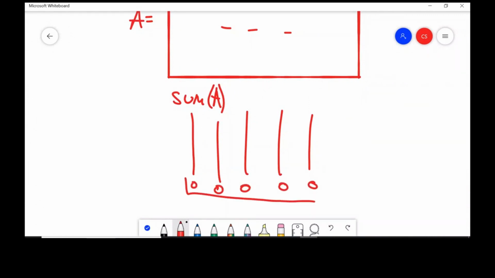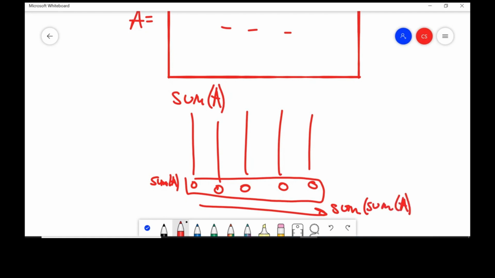So sum A is a vector. And now if we want to sum a vector, we have to sum along that direction, and that is the second sum. So here we would have the sum of the sum of the matrix A. But that is again some MATLAB thing.